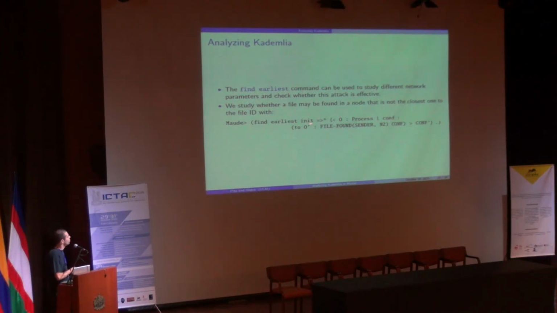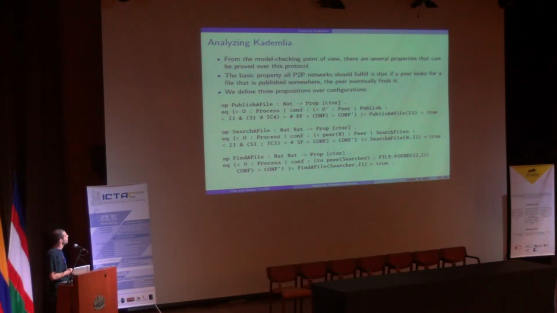So we could use this find earliest command just to check whether the first message results from the attacker or from the real peer. Depending on the parameters of the configuration, this will be a problem or not.